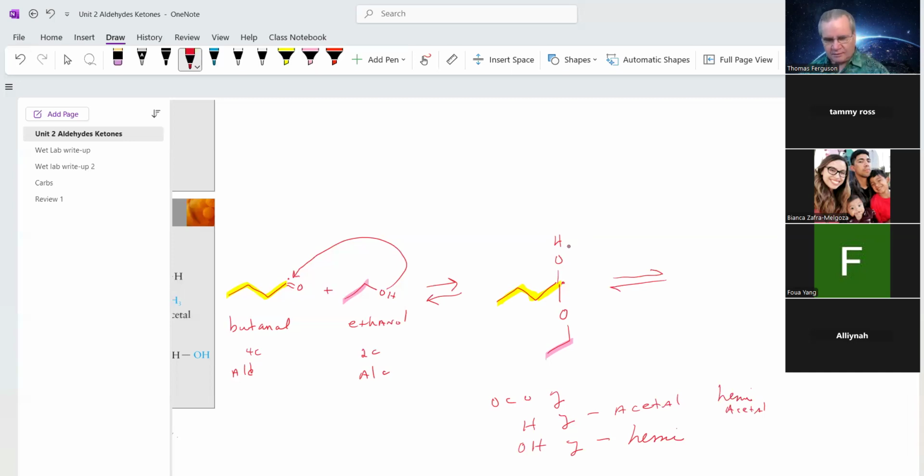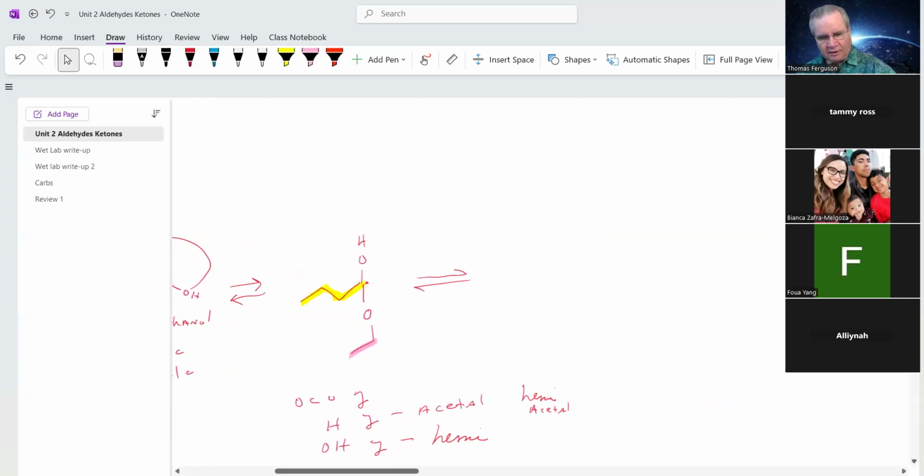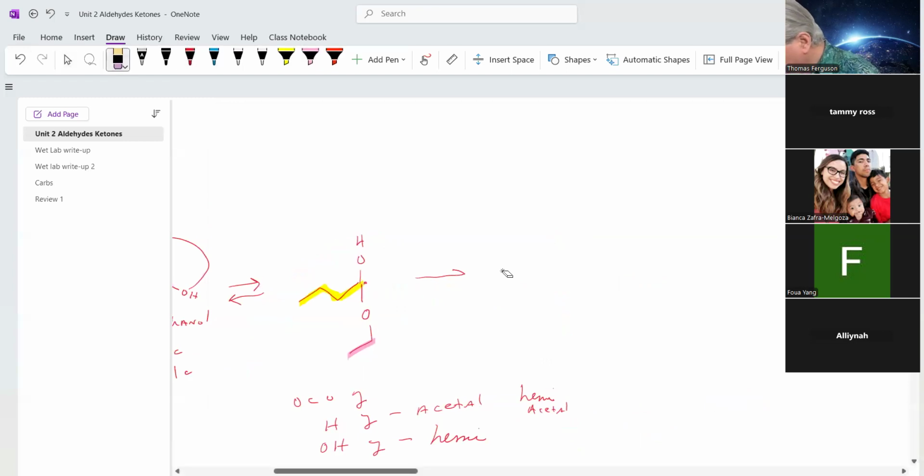So as far as carbs go, it would stop at the hemiacetal stage. However, if you're not dealing in carbs, what happens is the additional alcohol will then go ahead and react again.